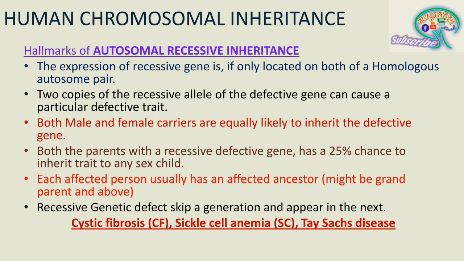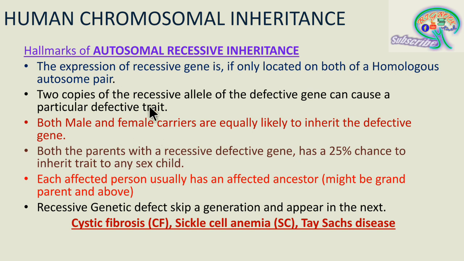Here, if a dominant normal gene is present, that is in the heterozygous form, the normal gene is going to overtake this recessive defective gene. So the recessive defective gene is not going to take part in the expression of the defective character.